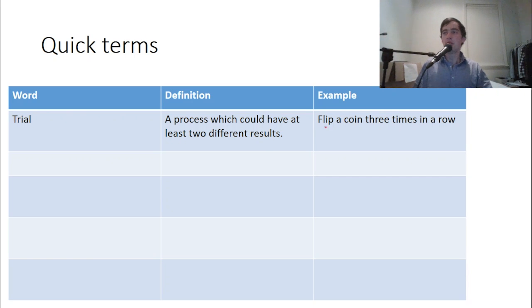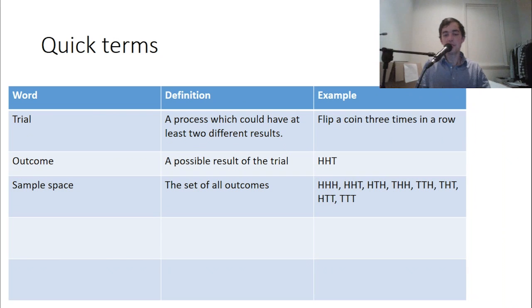If I want to know how likely something is to happen, sometimes I can do this thing called a trial and just try it a few times. So a trial is any process which could have at least two different results. For example, let's say I flip a coin 3 times in a row. That's a trial. And the results of that trial are all called outcomes. So one example could be heads, then tails. That's an outcome.